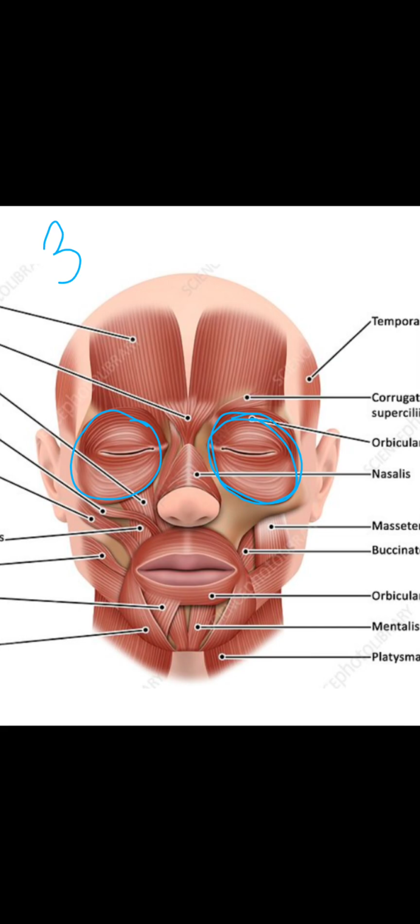The first is the orbital part, that is on and around the orbital margin. Like you know that we have a bony skull, right? And these are the orbits. Imagine we have orbits in the skull.